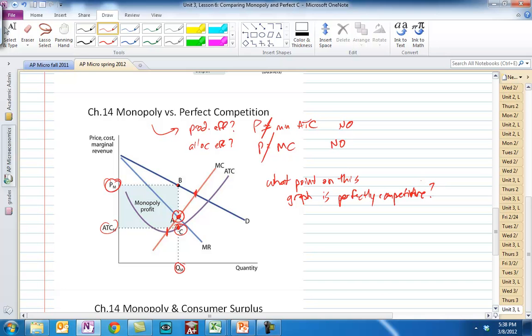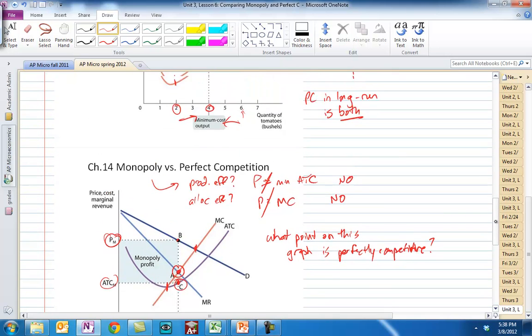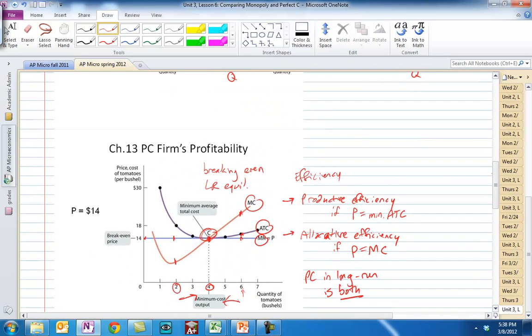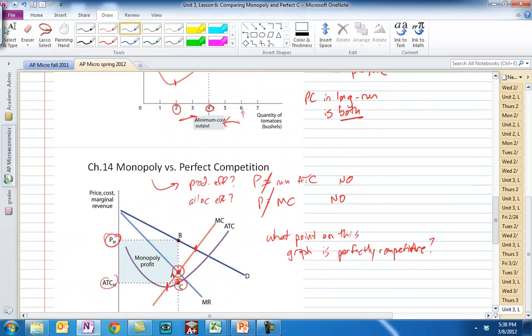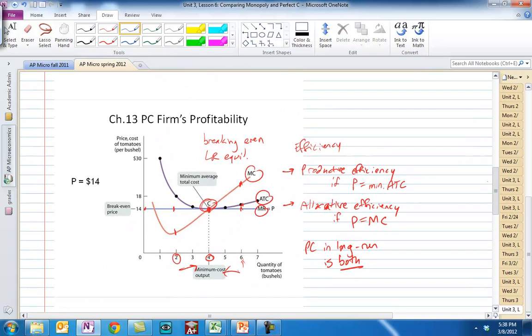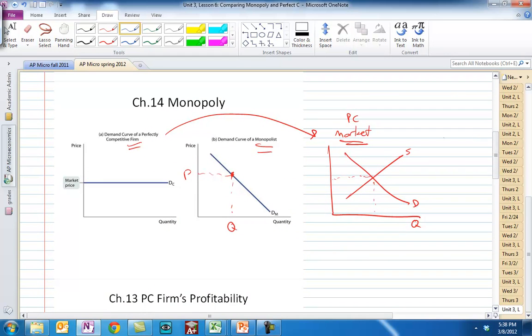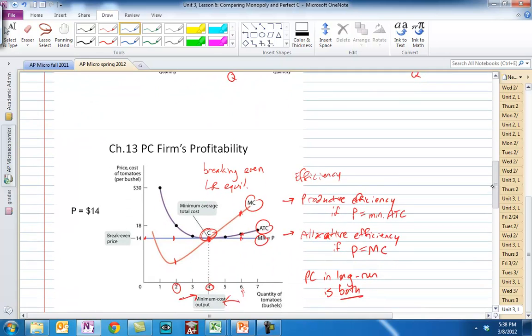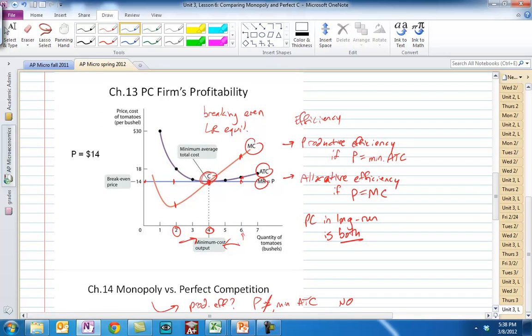So the answer to that comes from, I'm going to step backwards for a second, how we figure out what the supply curve is related to the marginal cost of production, related to the market equilibrium of supply and demand. So here we go. Remember that in perfect competition, the marginal cost is equal to the supply for the firm.